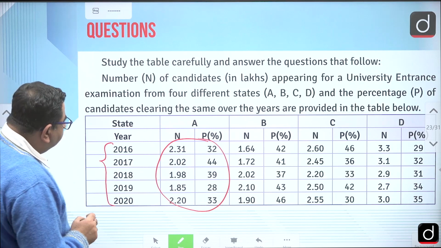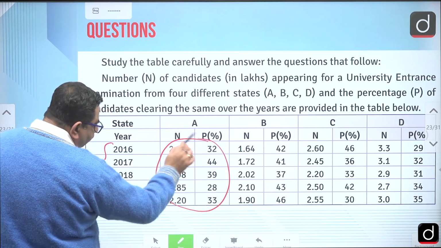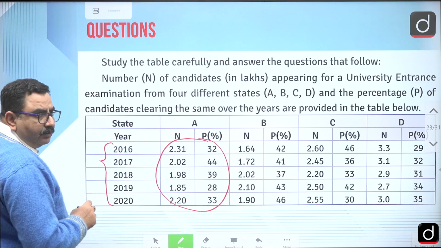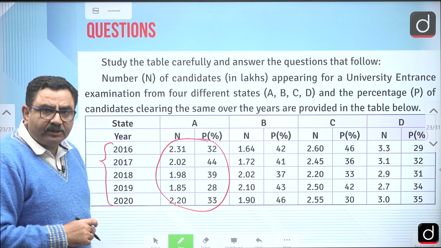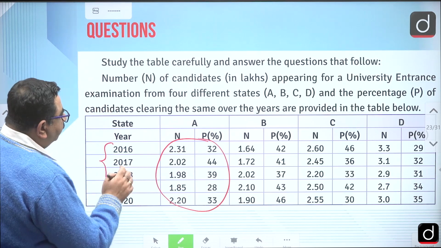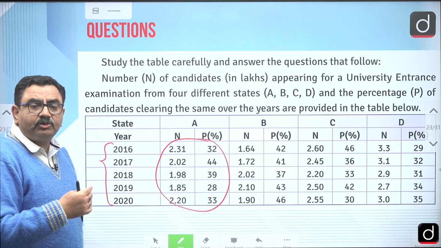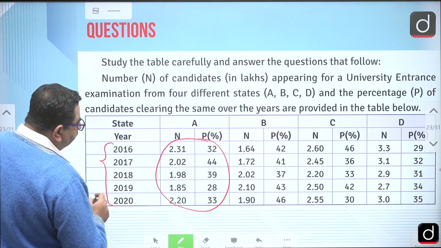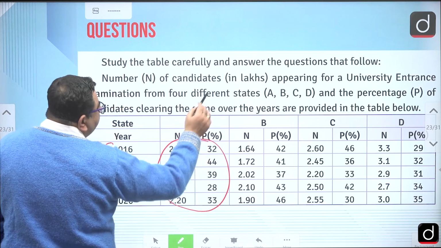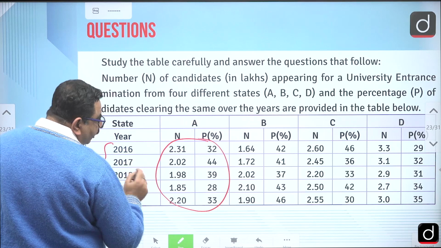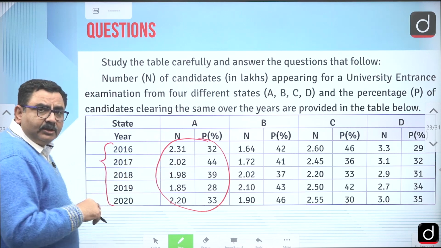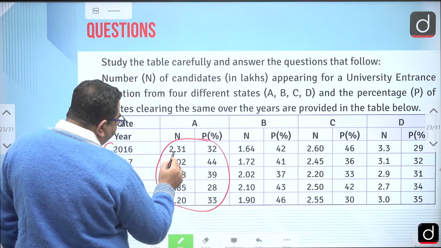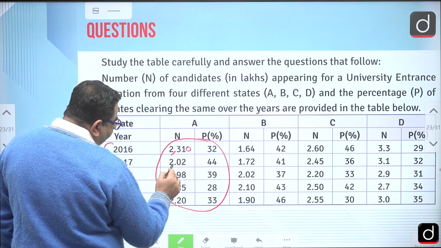From here, if you see this data, I will tell you how we can make the calculation easier, but our basic calculation also should be good. As I have told you, that is in lakhs and in percentage. In the last to last question, I told you that we can remove the decimal and add 0.